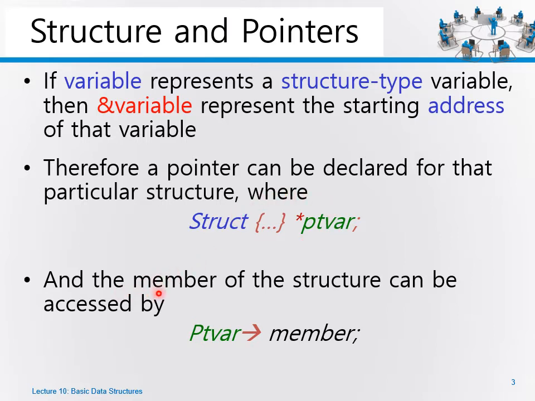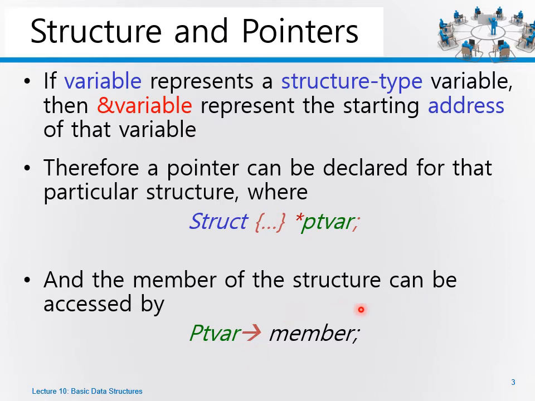And how can you access it? Remember, when we access a member of a structure, we use the dot. But for a pointer, we access the member of a structure by using the arrow sign, so that we can access the member through the pointer variable.